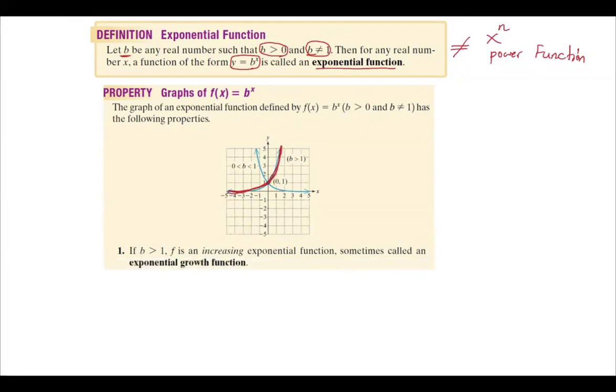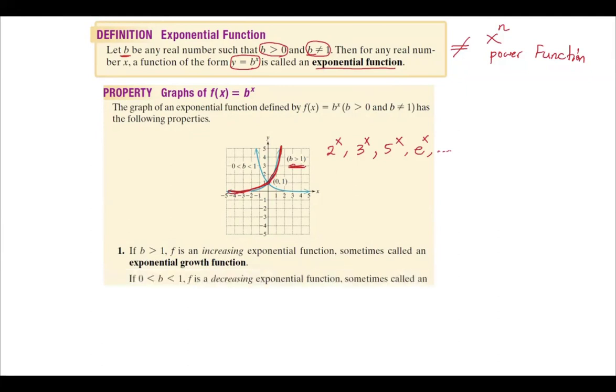Sometimes we call it exponential growth function. So whenever b is more than 1, like 2 to the x, 3 to the x, 5 to the x, e to the x, and so on, you have exponential growth function.